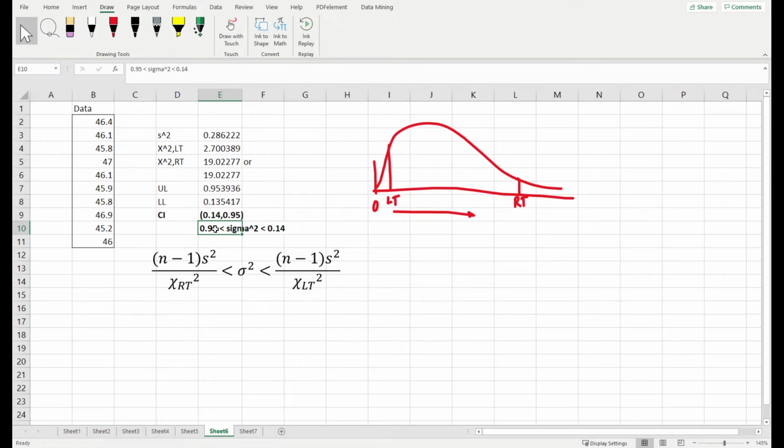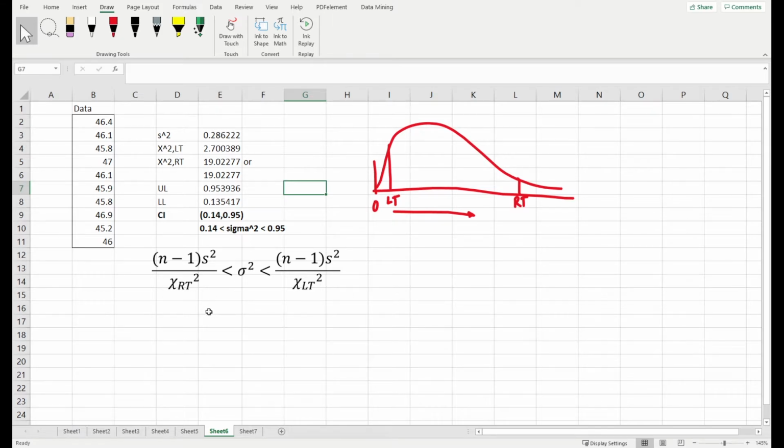And this also doesn't make sense. Dapat 0.14 dito, 0.95. Okay? So sa case 8, medyo small corrections lang siya. The correction na ginawa natin is pinagbaliktad lang natin yung left tail and right tail.